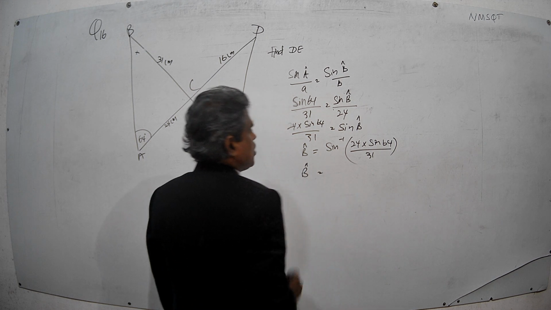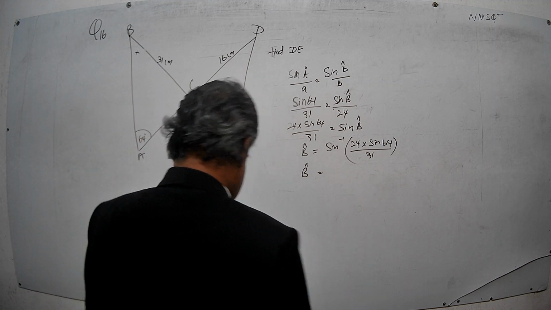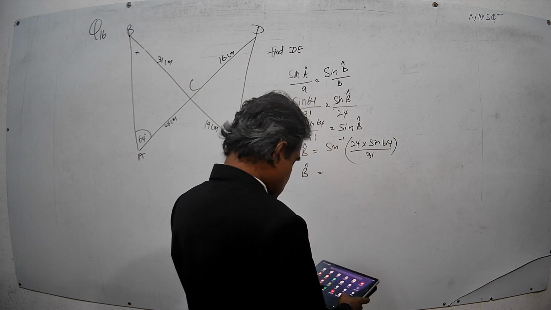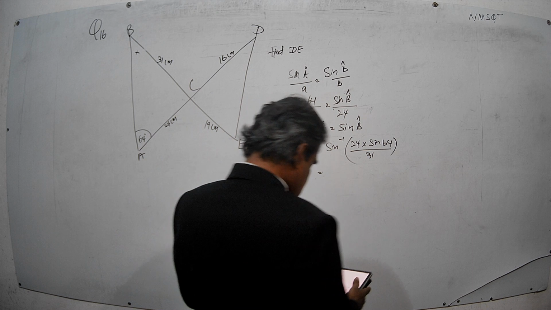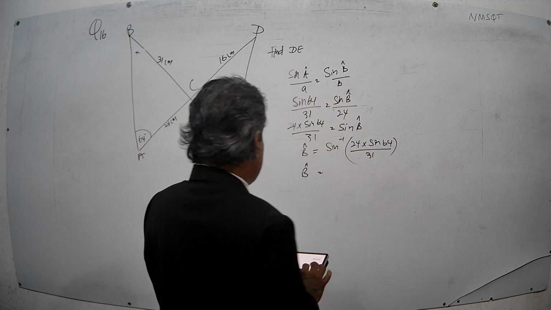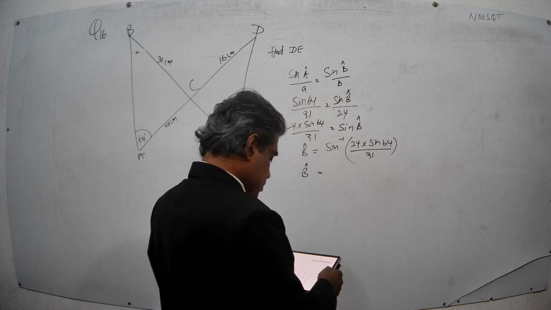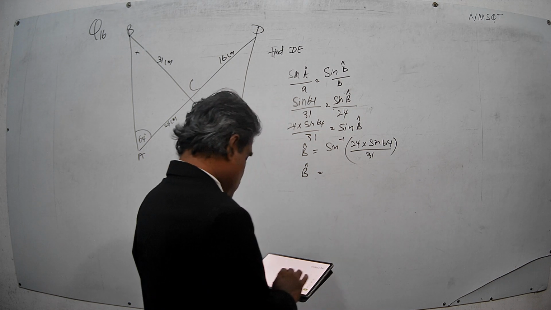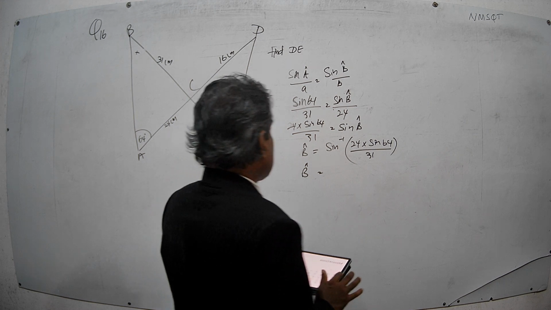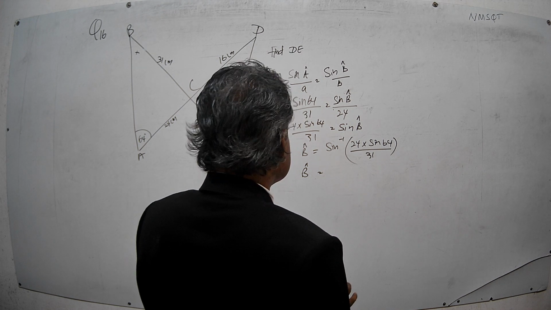Then the angle can be found straight away from this. We will find that by using the calculator: sine inverse of 24 times sin 64, divided by 31.